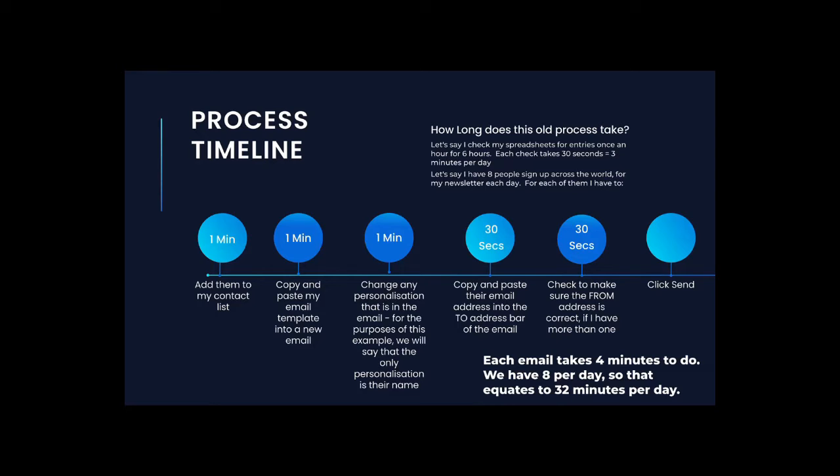Then we will check that the from address is correct, as I have more than one email address for my business and I want to be sure that it is coming from the correct one. So let's say that's another 30 seconds. And lastly, we click send. So each email takes roughly 4 minutes to do, including the final check to be sure that everything is correct.